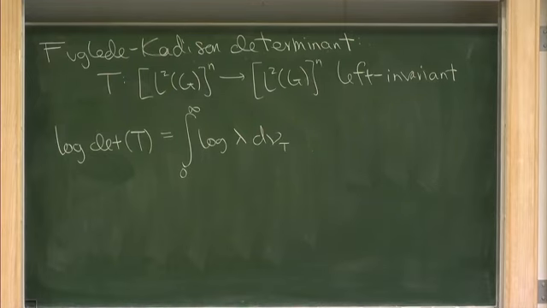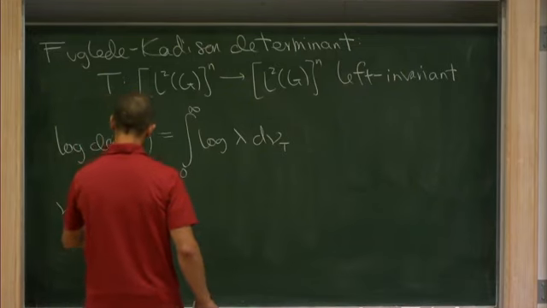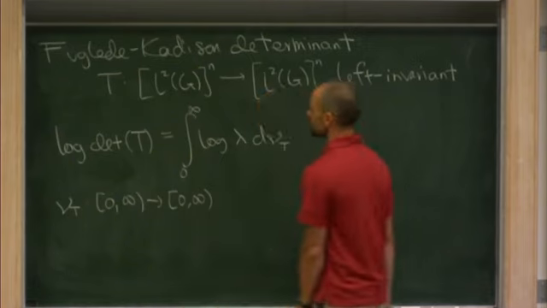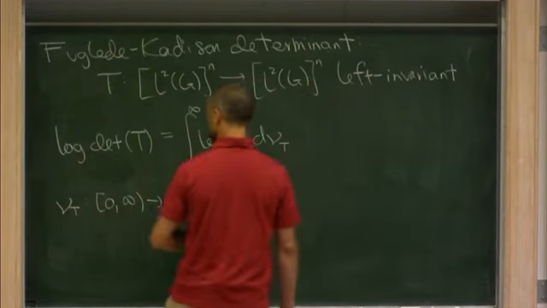So this function is just measuring the size of the subspace of things that are stretched at most lambda. So this thing nu_T is just a function from 0 to infinity, the spectral density function.